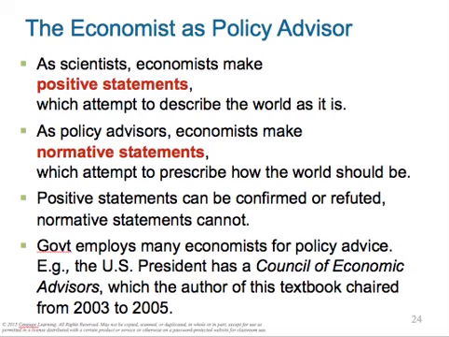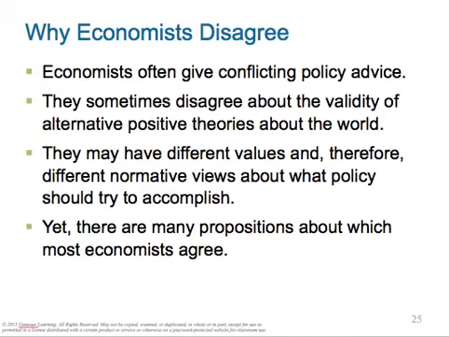Governments employ many economists for policy advice. An example is that the U.S. President has the Council of Economic Advisors, which the author of this textbook, Mankiw, chaired from 2003 to 2005. So economists disagree.